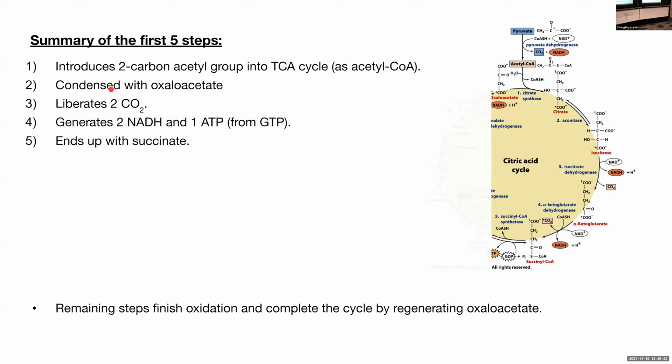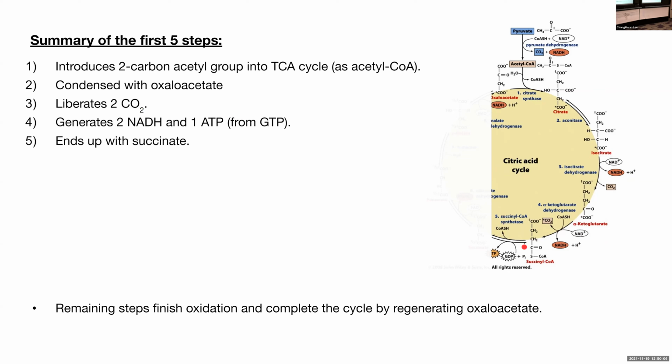Eventually, it started with acetyl-CoA and oxaloacetate condensing down to citrate, and liberates 2 molecules of carbon dioxide and also generates 2 molecules of NADH, one here and the other here, in steps 3 and 4.